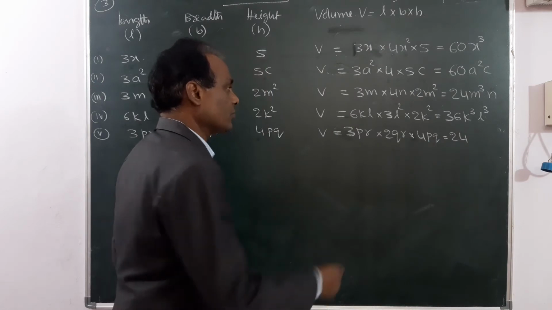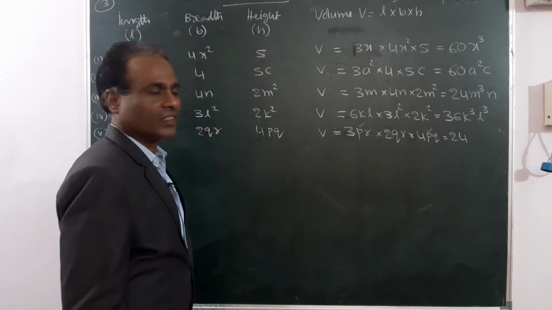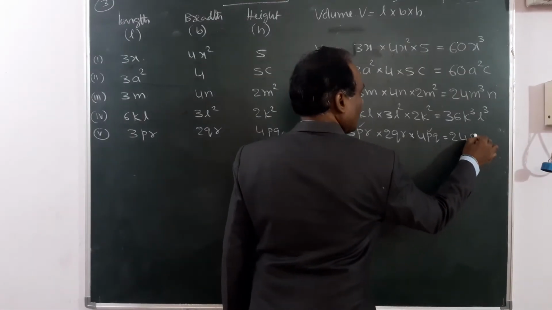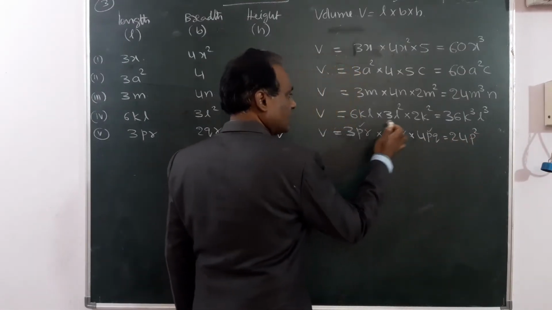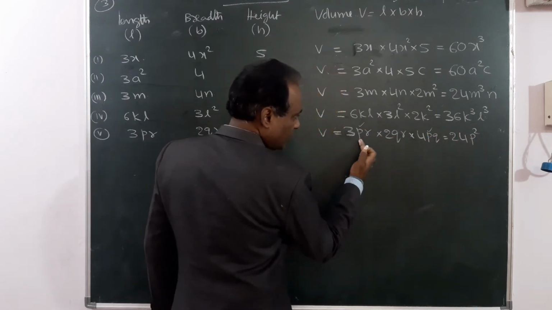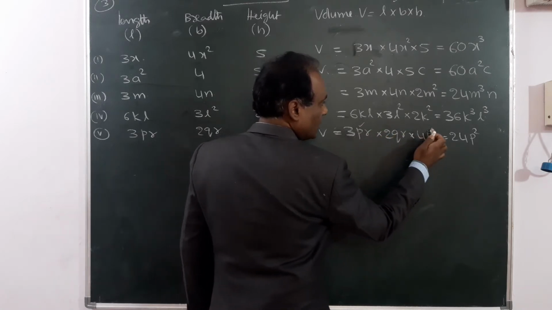Now p terms. p into p square, because this power is 1 and this power is 1, 1 plus 1 is 2. Bases are same, in multiplication powers are added.